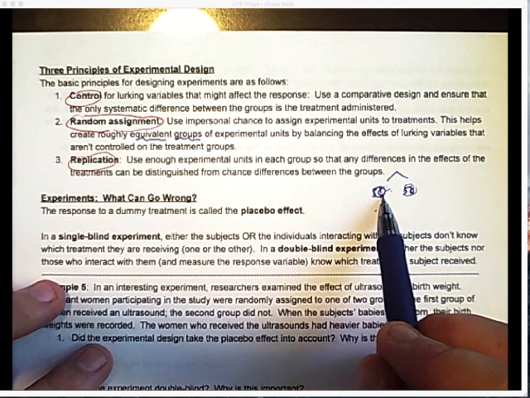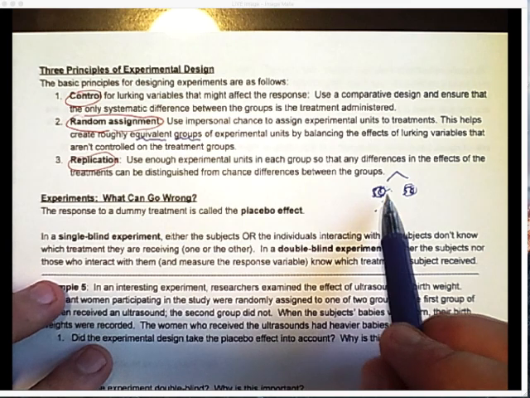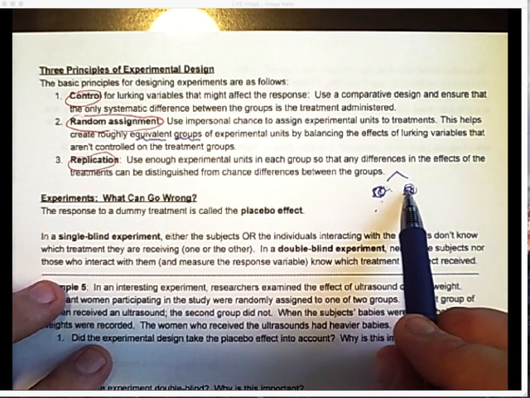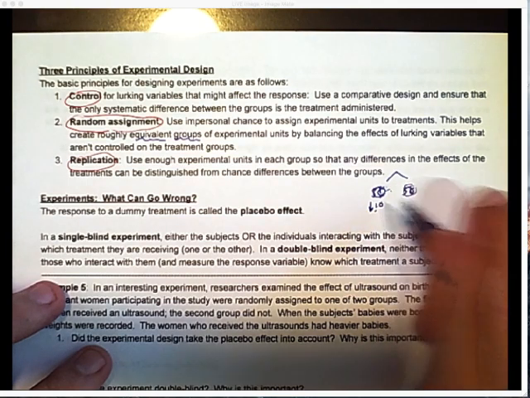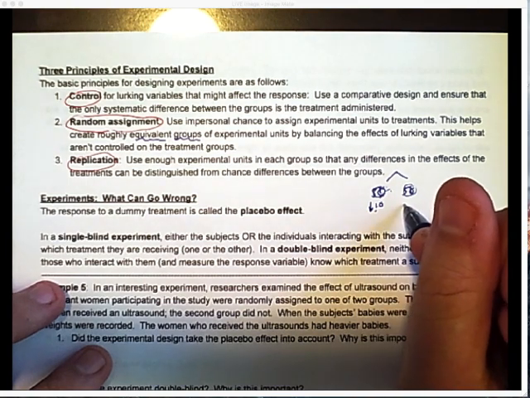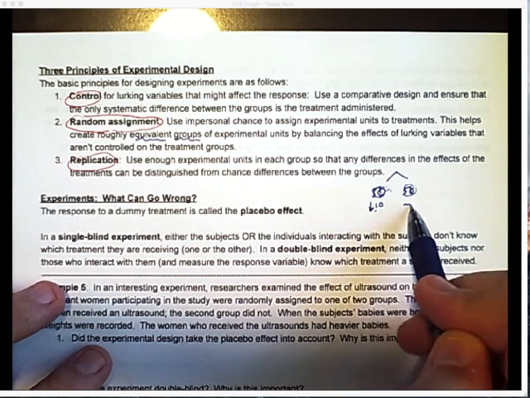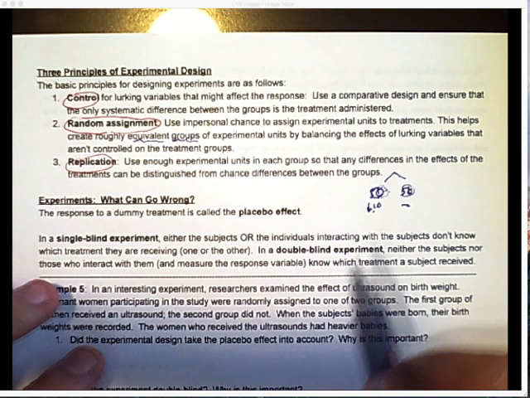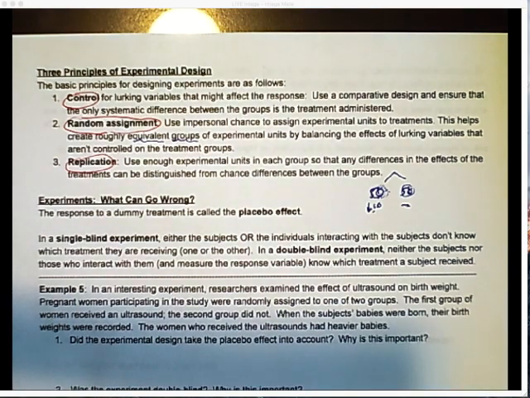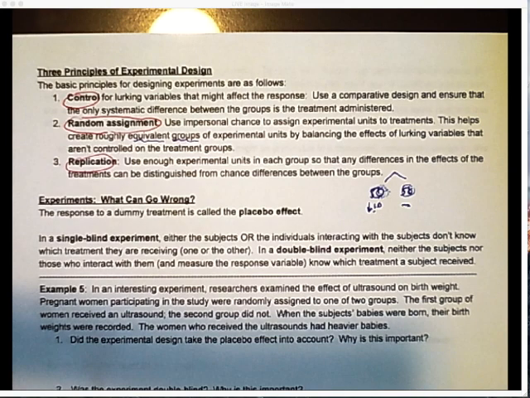It will only be a slight decrease because of that. So replication means use enough people where if this goes down an average of 10, that's substantial. If this one goes down by 10 more than this one, then you can say with more confidence that the drug might be influencing cholesterol level reduction. We talked about this a little bit on the last page.